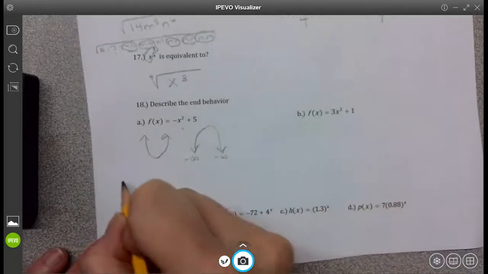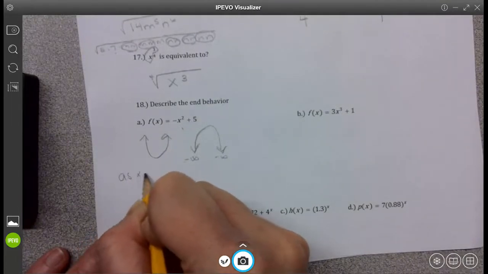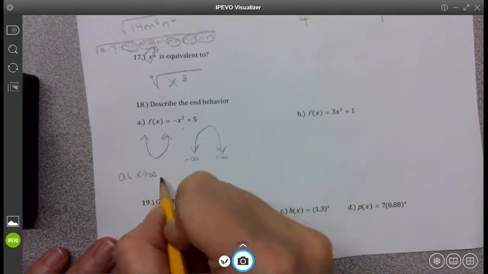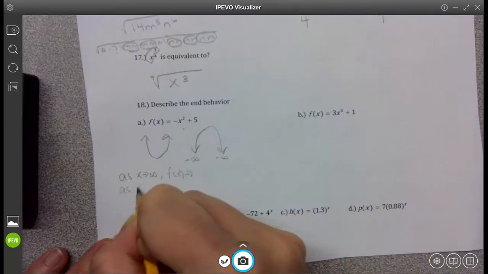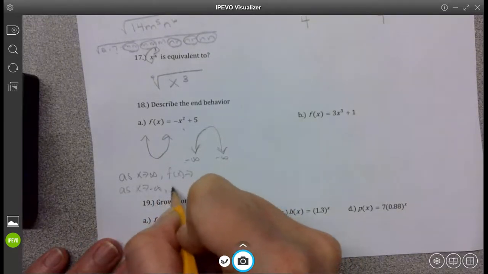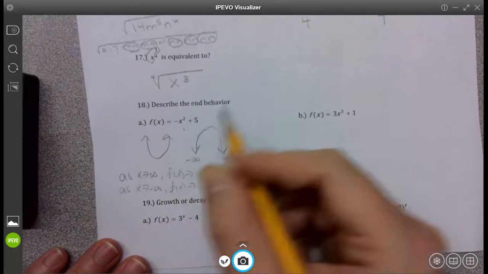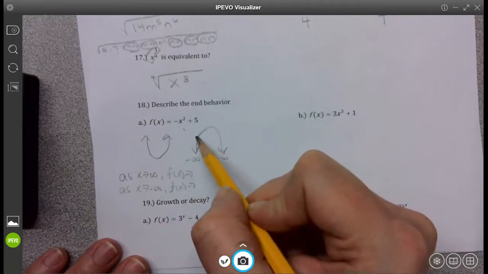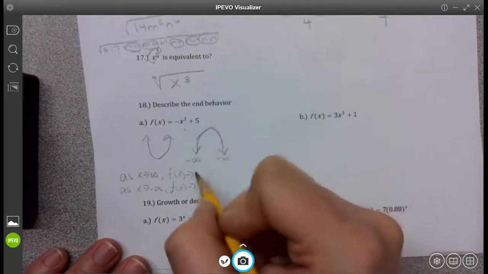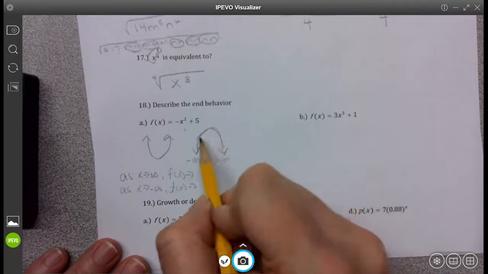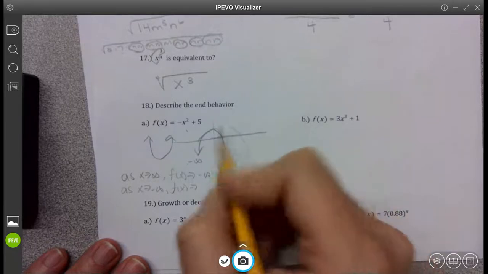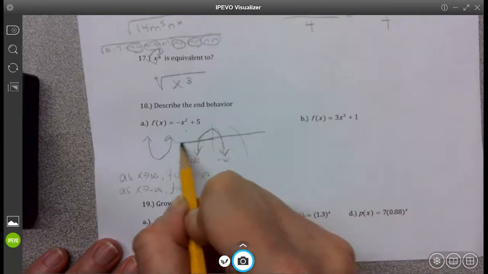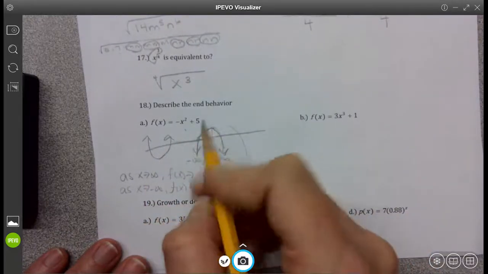So you say, as x approaches positive infinity, what is f of x doing? And as x approaches negative infinity, what is f of x doing? Okay, so as x gets bigger this way, it's still going down. And as x gets bigger negatively, it's going down.